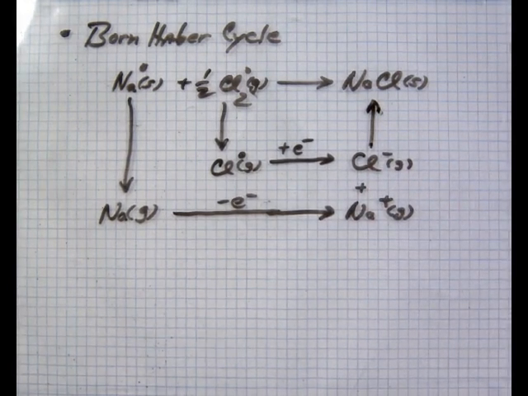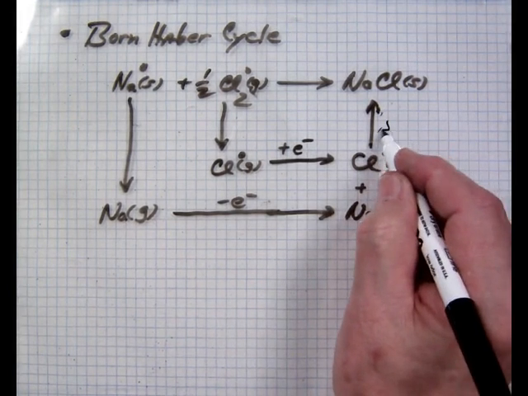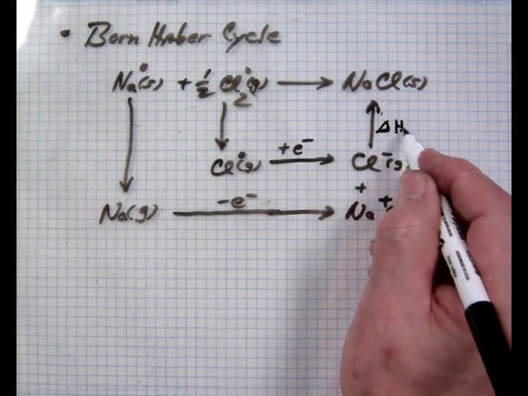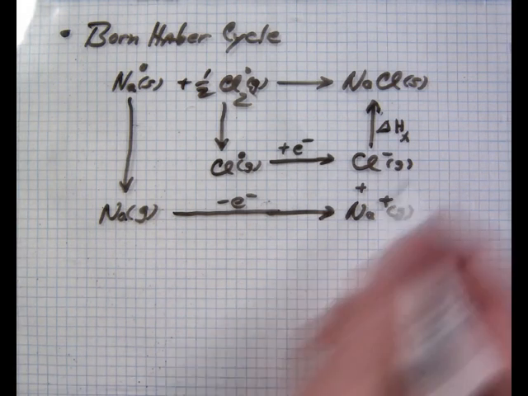It is sodium chloride. And that change in energy right here is a delta HX. And delta HX is called the crystal lattice energy. And the objective of the problems that you can see on exam day is calculate delta HX. That's what we're going to go through right now.